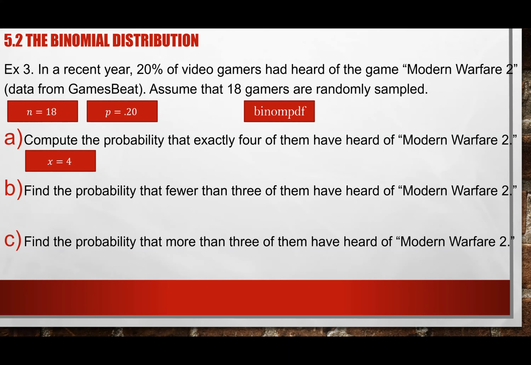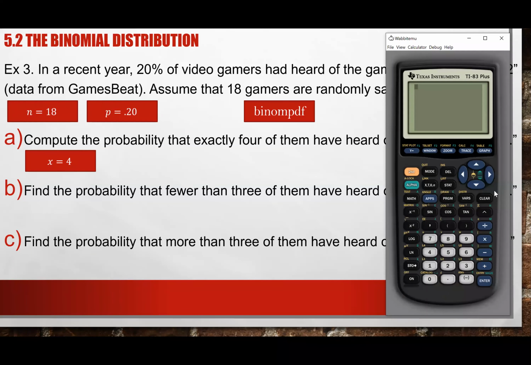Okay, so let's take a look at this calculator. Do you guys see a calculator on my screen? Yes. All right. To go to this feature, you hit second VARS and scroll down to option 0, which is binomial PDF.